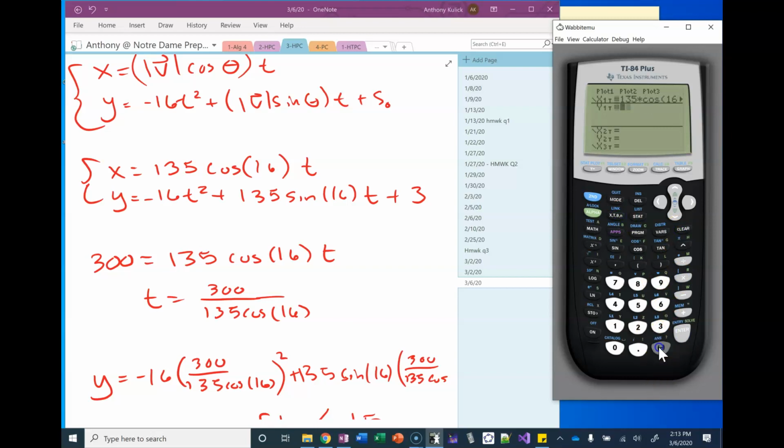And for my y equation, I want negative 16 t squared plus 135 sine 16 times t plus 3. Oops, I think I missed the plus sign there. Yeah, plus 3. Everybody's okay with that? That's going to describe the path of the ball.